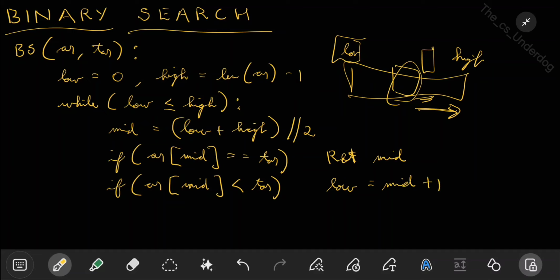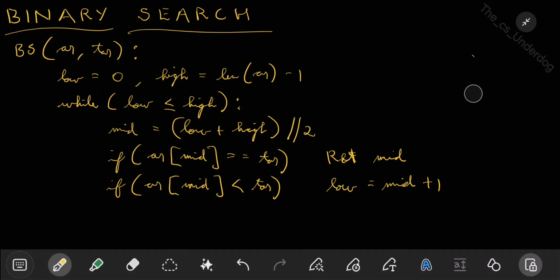Now your low is mid plus 1, which means you're only considering the right part of the array. And what condition is remaining? This should be if else, because if the first condition is met, it is already returning from there. So if both these conditions are not okay, it should be else if.